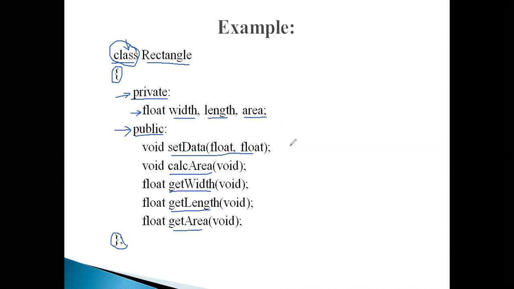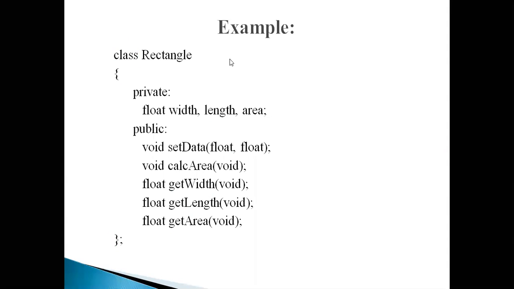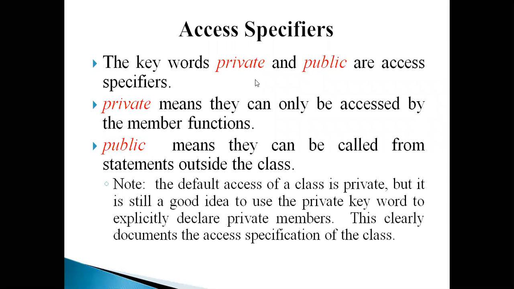Now come to the next one. Access specifiers, I already specified. Here we are using two access specifiers: private and public. Private means it can be accessed only by means of member functions. From outside of the class, we cannot access it.